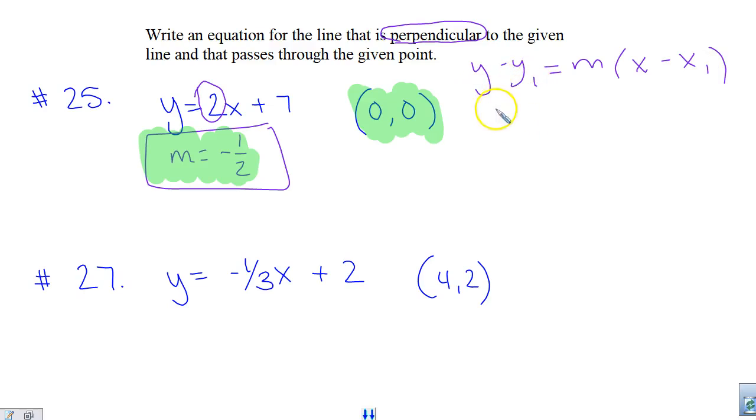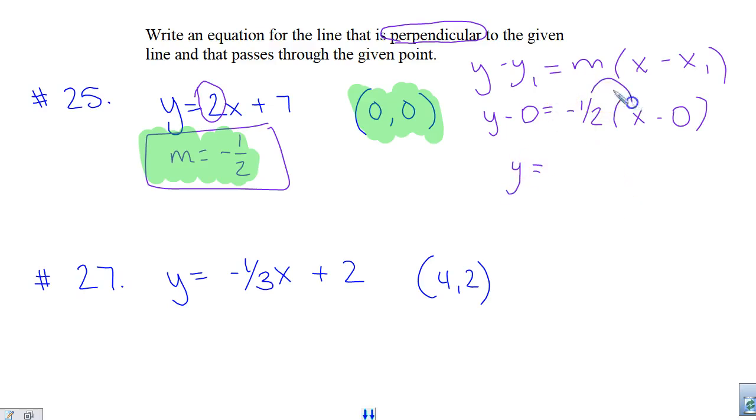So instead of y minus y1, I hope that you wrote y minus 0. Instead of m, I hope that you wrote negative a half. And instead of x minus x1, I hope you wrote x minus 0. Now, since this equation is in slope-intercept form, we want to convert this to slope-intercept. y minus 0 is just y.